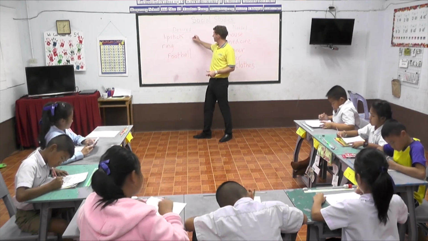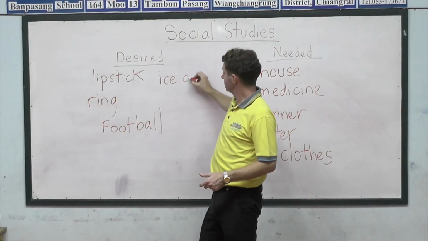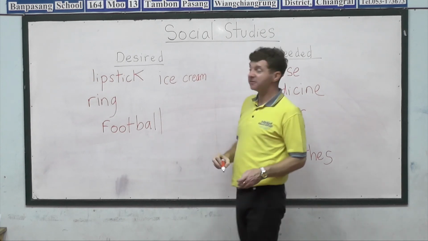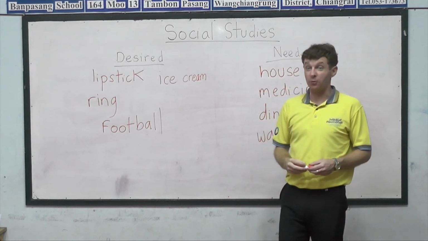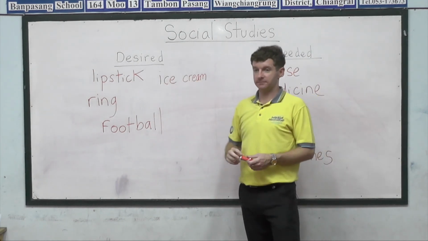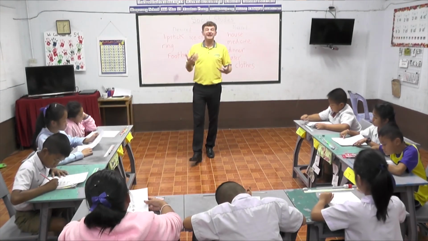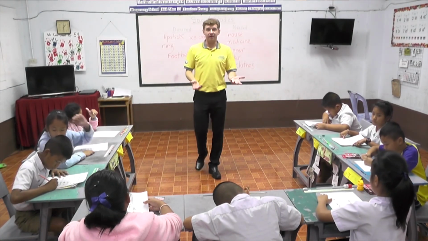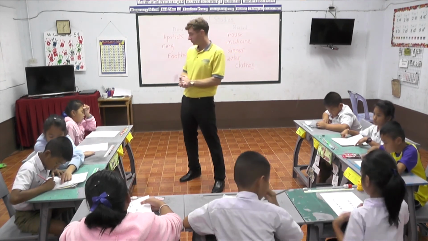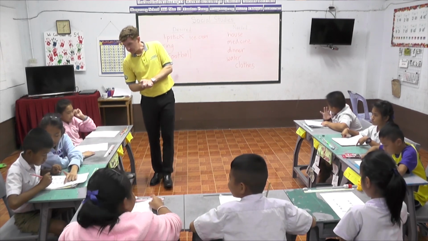How do we spell ice cream? Sometimes it's nice to eat ice cream. That means it's desired. We don't need it all the time. But sometimes, especially when the weather's hot, we like to eat it. Very good, guys.